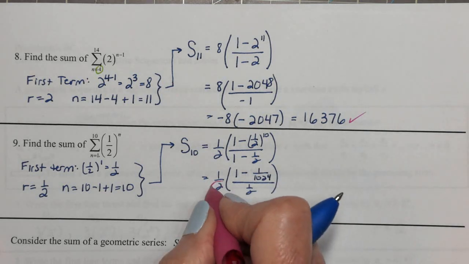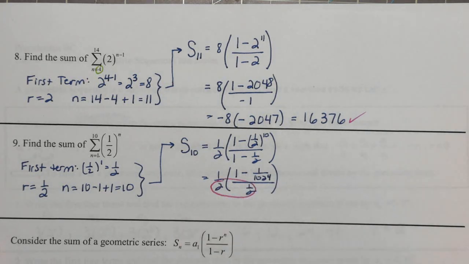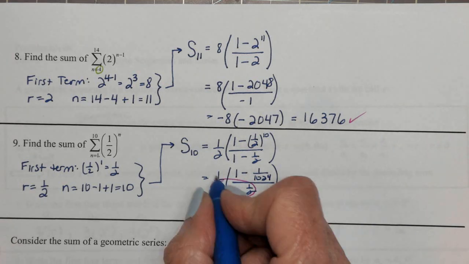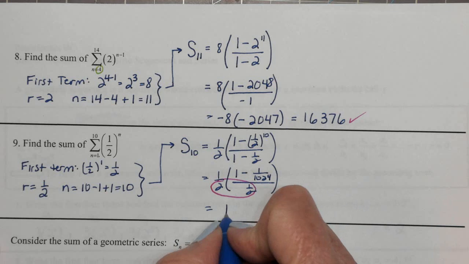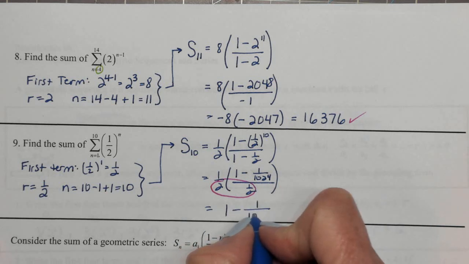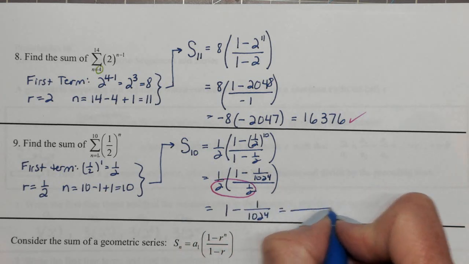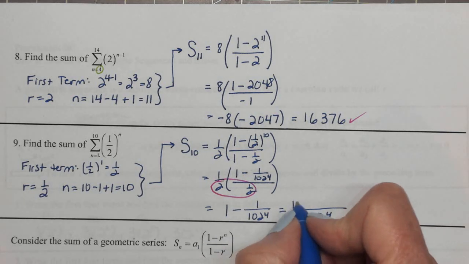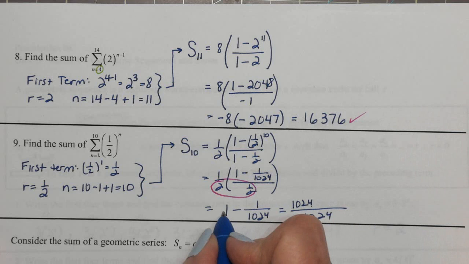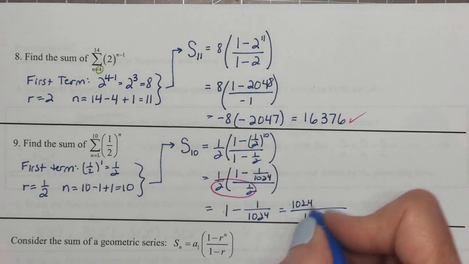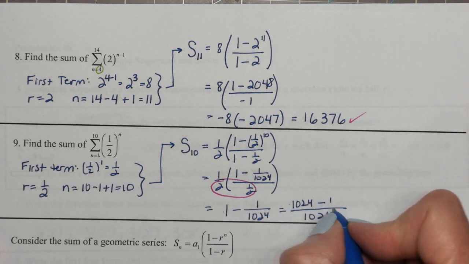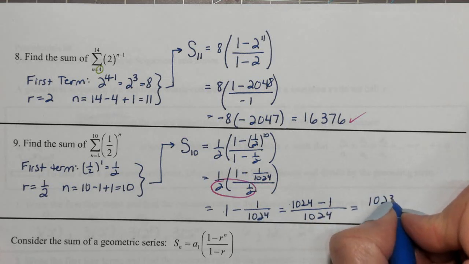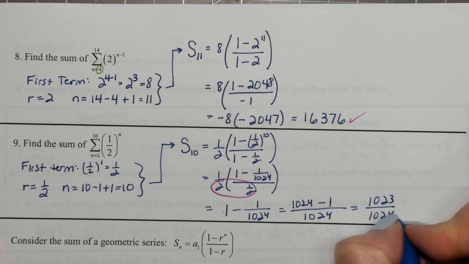This 2 times 1/2 is just 1, and so this part cancels out. So all I have is 1 minus 1 over 1024. Let's get a common denominator. The common denominator is 1024. So 1 is 1024 over 1024 minus 1 for the other fraction. This is 1023 divided by 1024.